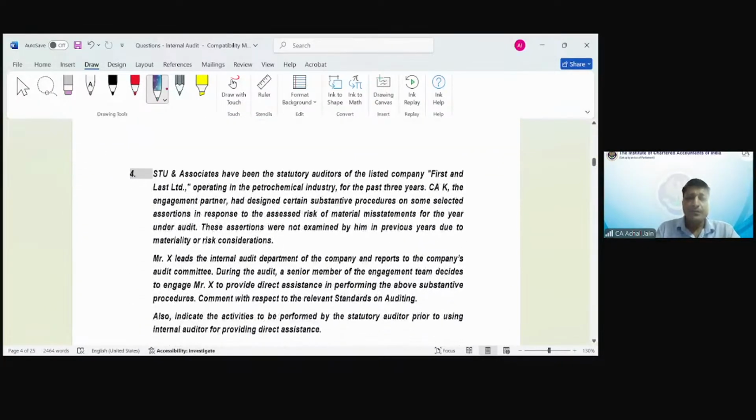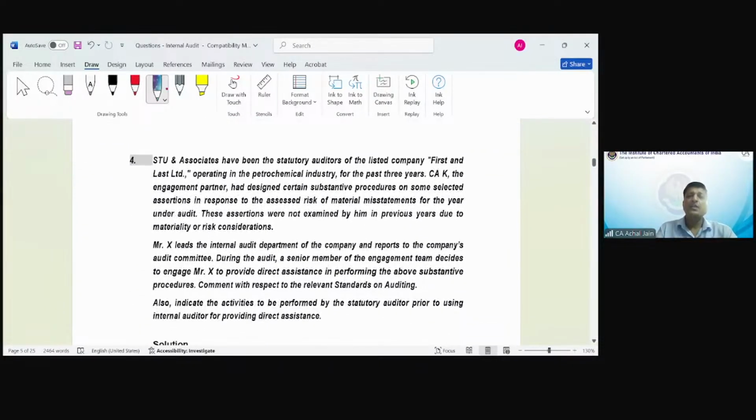Next, STU and Associates are the statutory auditors of this company, First and Last Limited, which is listed and operating in the petrochemical industry for the past 3 years. CAK is the engagement partner, and CAK had designed certain substantive procedures on some selected assertions in response to the assessed risk of material misstatements for the year under audit.